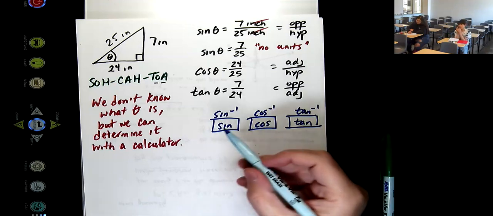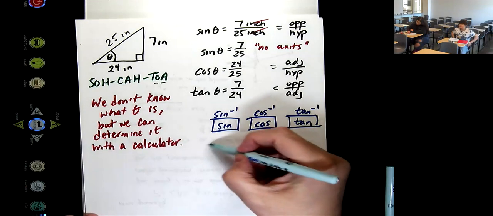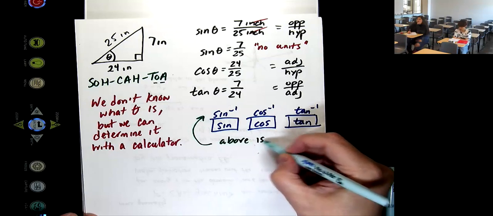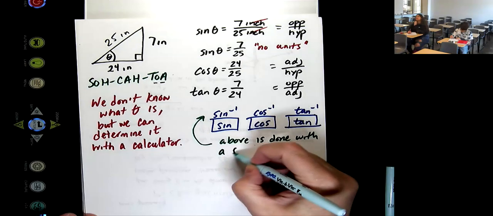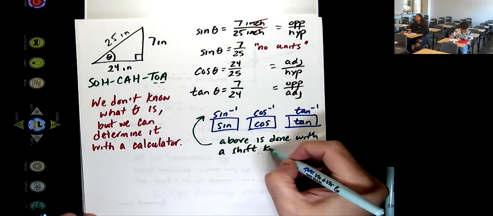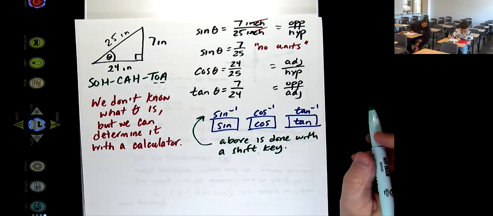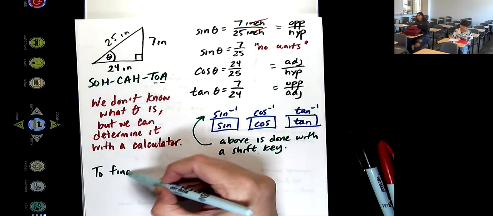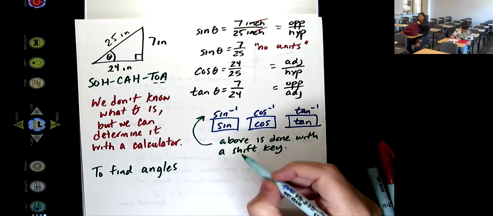What's above it is usually done with a shift key or something like that, depending on the calculator. To find angles, you do the -1 side.